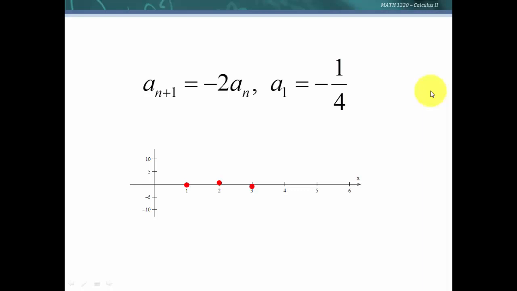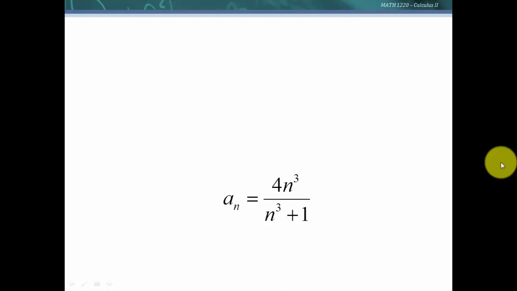Then we multiply -1 by -2, and that'll give us 2. Then we take 2, multiply it by -2, and get -4. And also, if we did the next term, we'd take -4, multiply it by -2, and get 8. So here's an example of a sequence that diverges. It alternates, but the terms are getting larger and larger. It does not approach a limit.